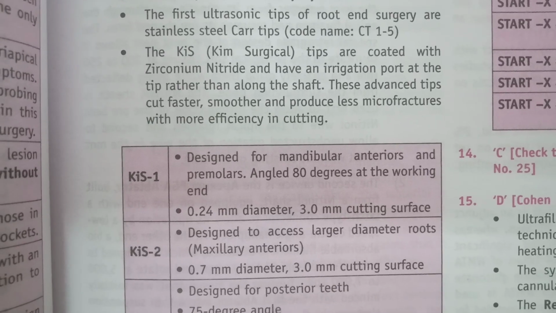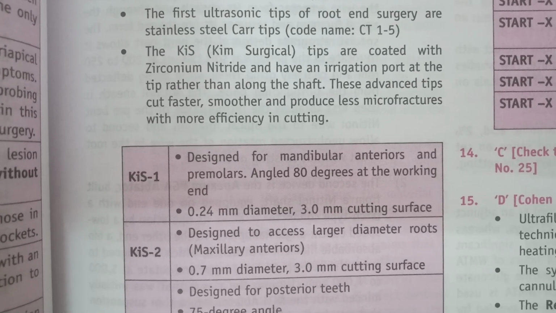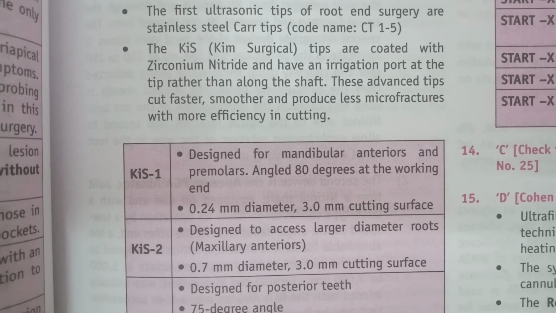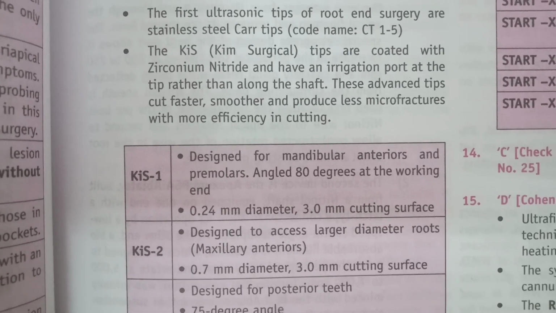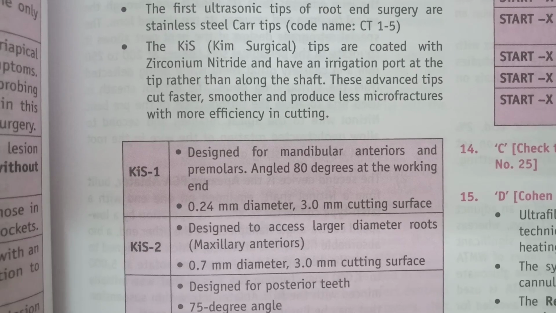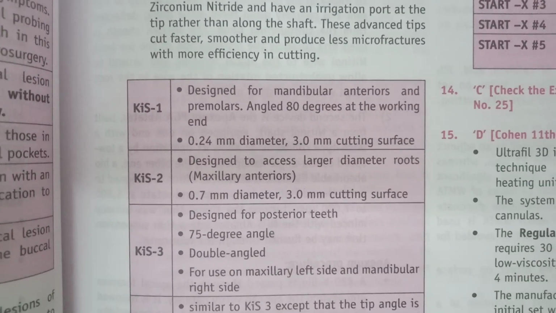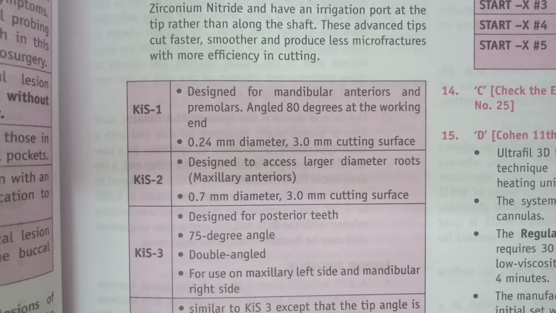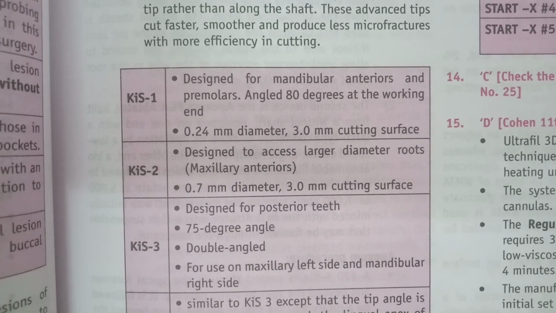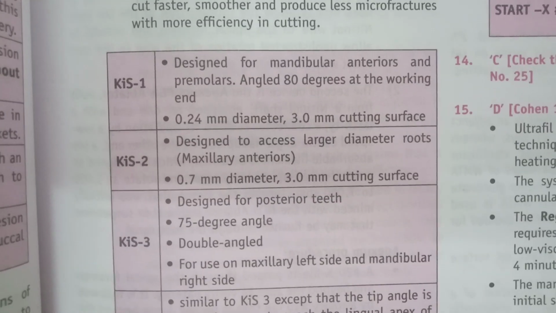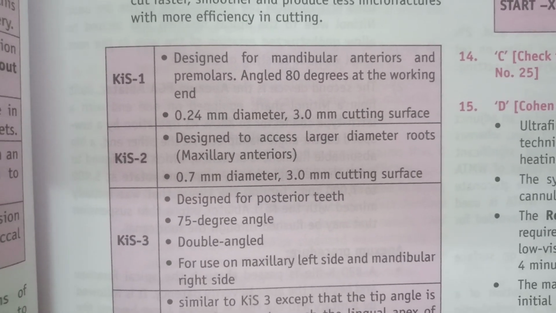KiS2, designed to access larger diameter roots like maxillary anteriors. The diameter is 0.7 mm and 3.0 mm is the cutting surface. Now KiS3, designed for posterior teeth, 75 degree angle, double angled, used for maxillary left side and mandibular right side.